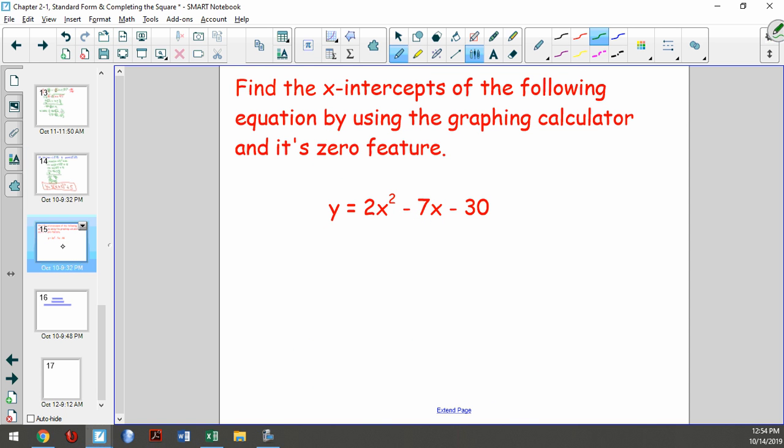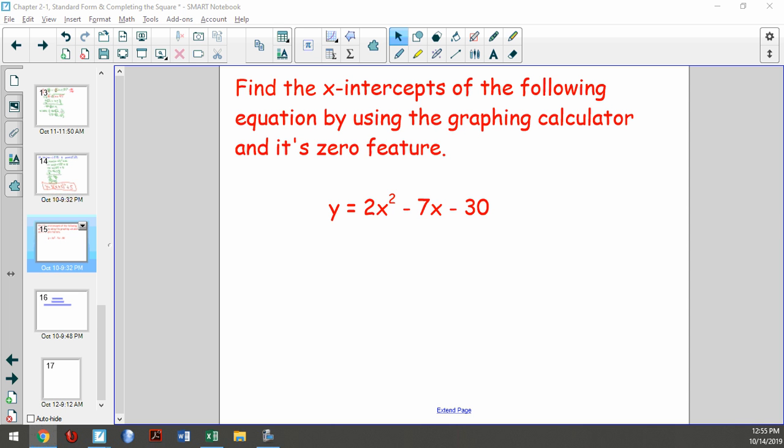Okay, last thing. Find the x-intercepts of the following equation by using the graphing utility and the 0 functions. So you literally are going to pull up your graphing calculator, and you are going to go to a new graph. So go to a new graph and type that in. Is this solved for y already? Yes, Mrs. Yoder, it's solved for y.